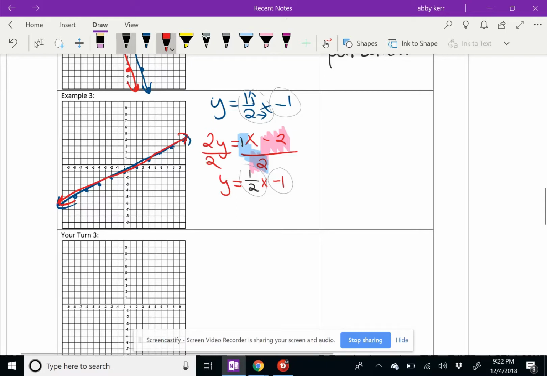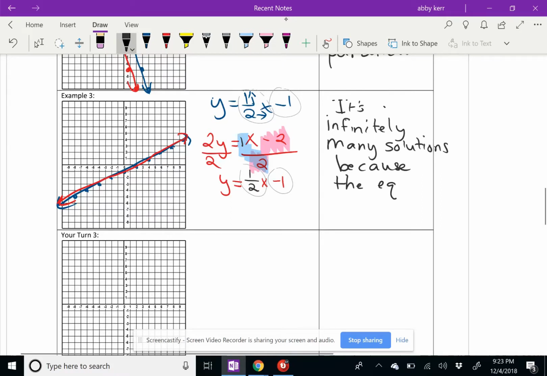So when you have overlapping, it's infinitely many solutions, because the equations are the same.